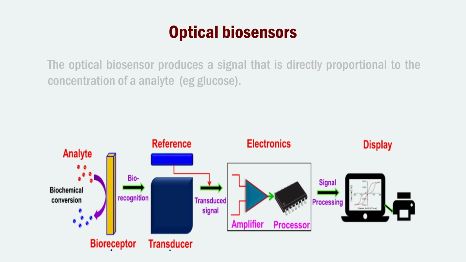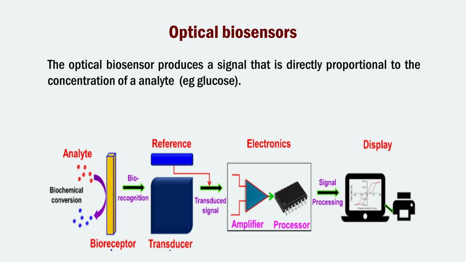In this section, we will discuss the principle and working of optical biosensors. Optical biosensors produce a signal that is directly proportional to the concentration of the analyte, for example glucose.